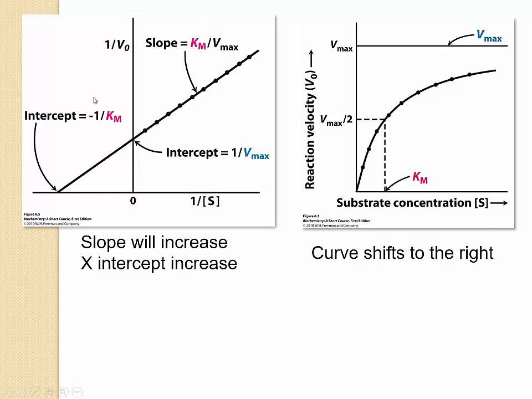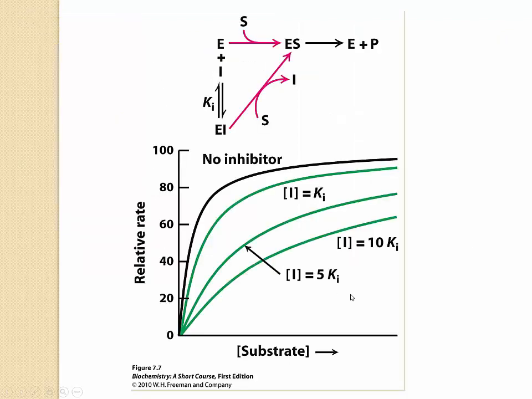And then we went from negative 1 over 2 to negative 1 over 4, which means our x-intercept is moving closer to 0. So we should basically see this entire line rotate around the y-intercept. So this just gives you an example where we have our competitive inhibitor, and you can see here that our Km is steadily shifting outwards.